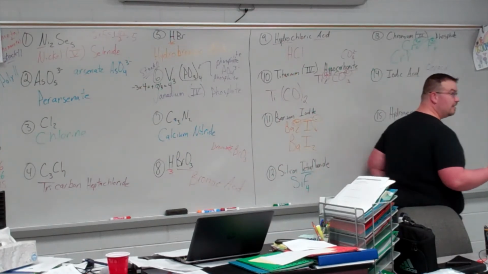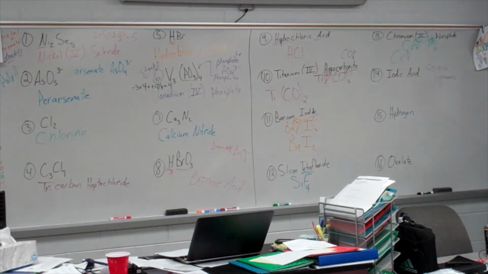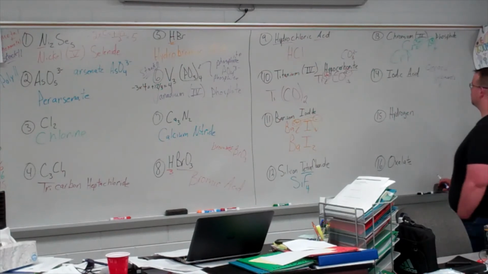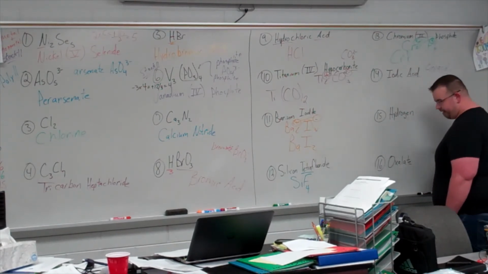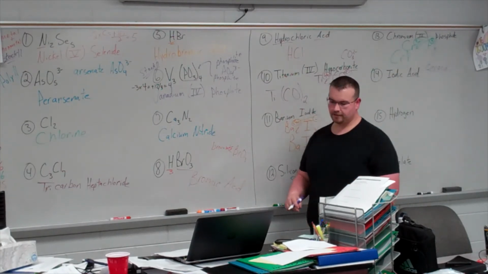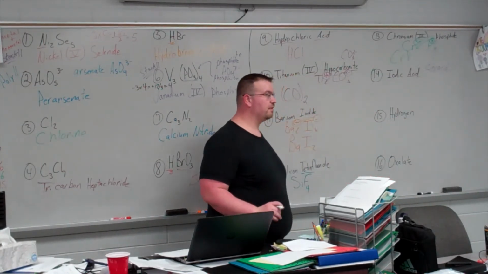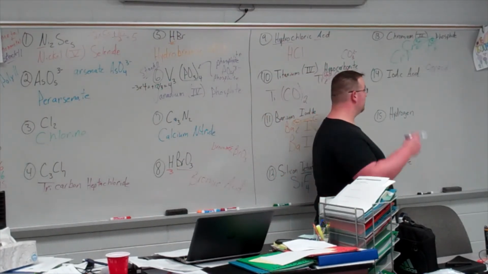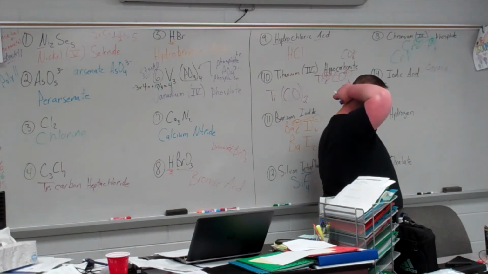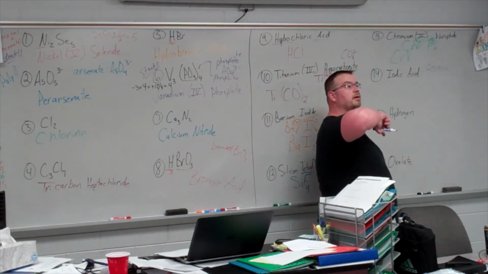The binary acid has 2. If it had been hydroiodic acid, it would have been just HI. But with an oxyacid, there's a hidden hydrogen. Since there's no hydro, there are 3 elements: the hydrogen and then the polyatomic ion.